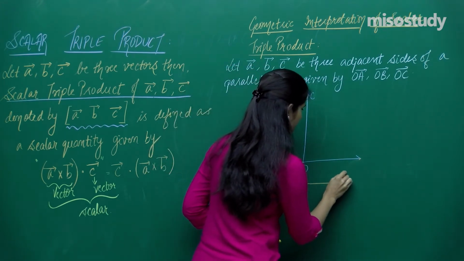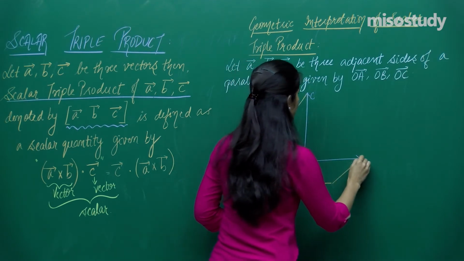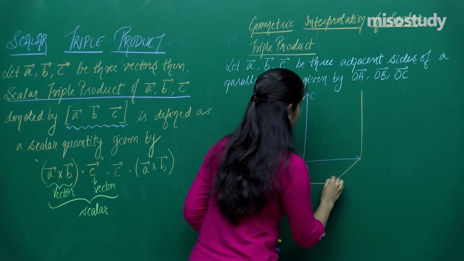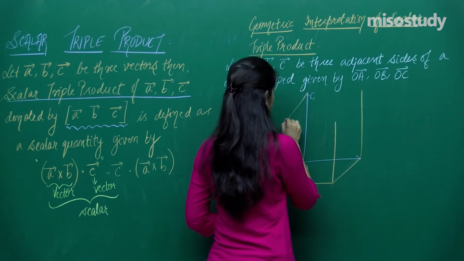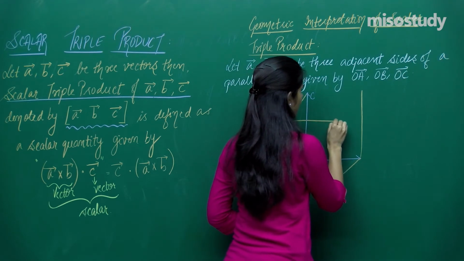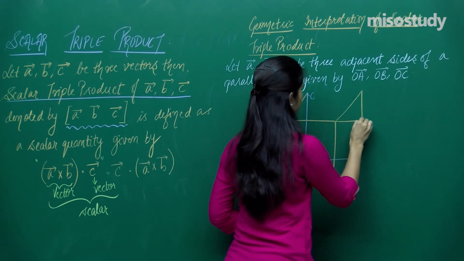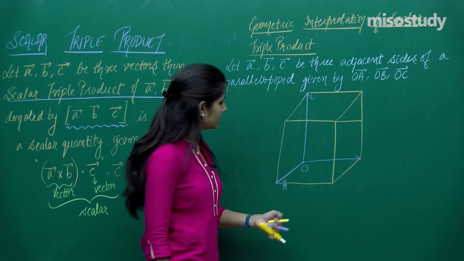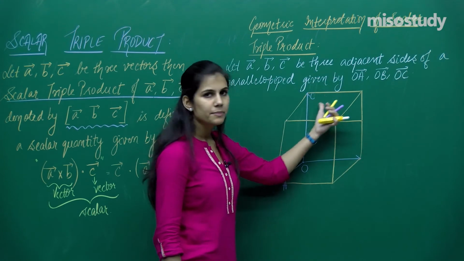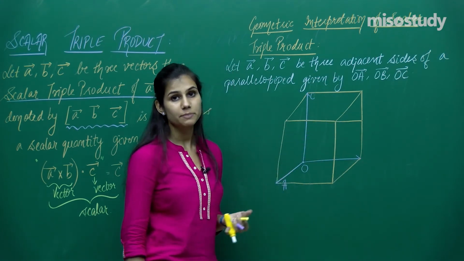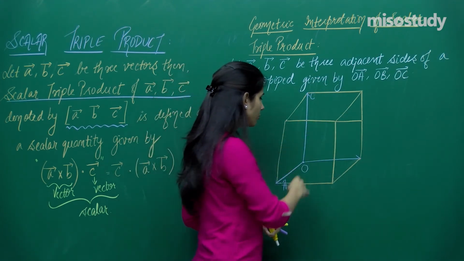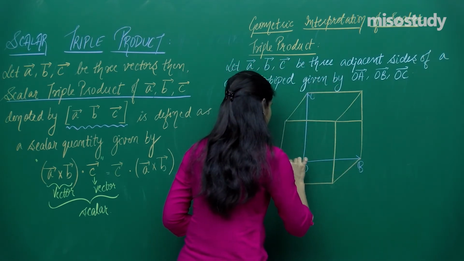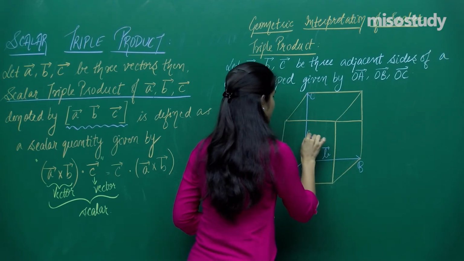So once you are through with this, you will be ending up watching a parallelopiped. This is a parallelopiped. Basically, the base is a parallelogram, upper base is a parallelogram. It's basically made up of 6 parallelograms. So this is a parallelopiped, as I was saying. This is my point B. This is A vector. This is B vector, and this is C vector.